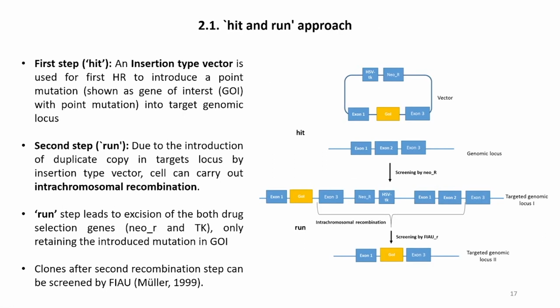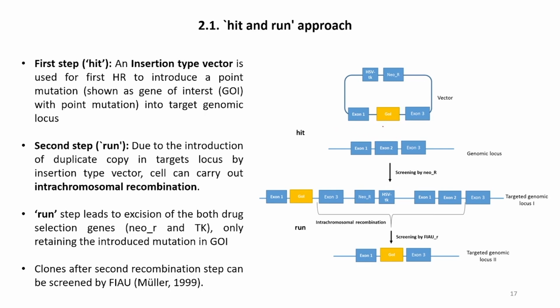Let us first discuss the hit and run approach. In the hit and run approach, the first step is to use an insertion type vector for the first homologous recombination in order to introduce a point mutation. This is shown as gene of interest, GOI, with a point mutation in the target genomic locus.